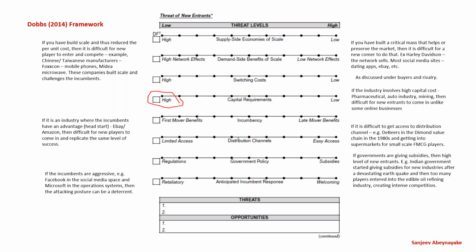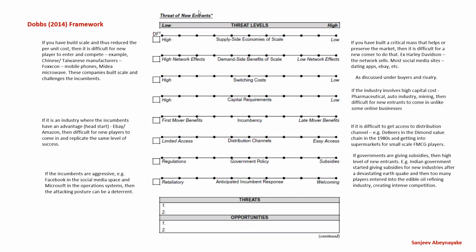They did everything to acquire the business, and when it didn't work out, they were very aggressive and to some extent sometimes nasty in the way they went about it. And that hit they got initially, it took a long time for Snapchat to come into its own. It took a long time, and the valuations dropped as well because the incumbent response was very aggressive. So all these criteria will impact differently on an industry.